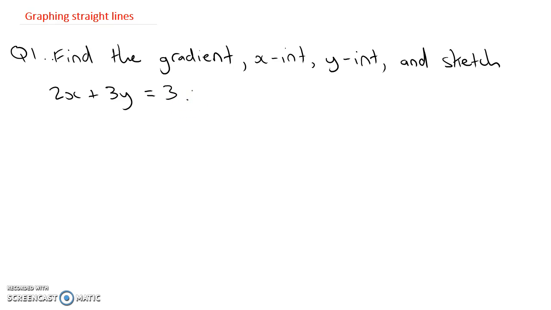So what we've got here is a linear equation, 2x plus 3y equals 3. So what we've got here is a linear relation.